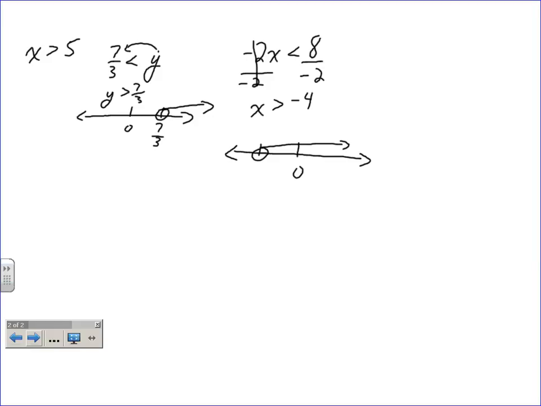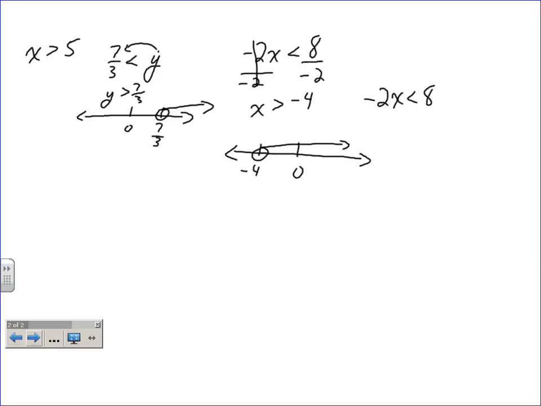What the arrow means is that every value greater than negative 4 will solve this inequality. Can you give me a number that's greater than negative 4? Negative 3. So negative 2 times negative 3 is 6. Is that less than 8?